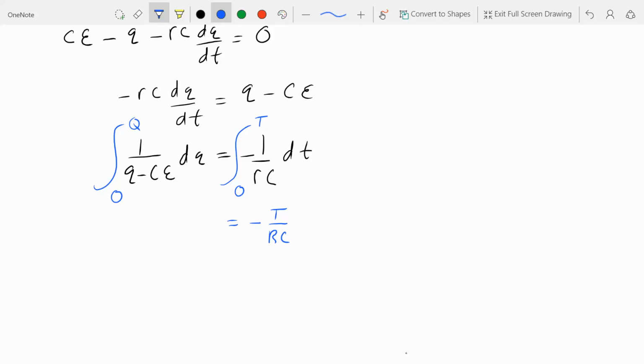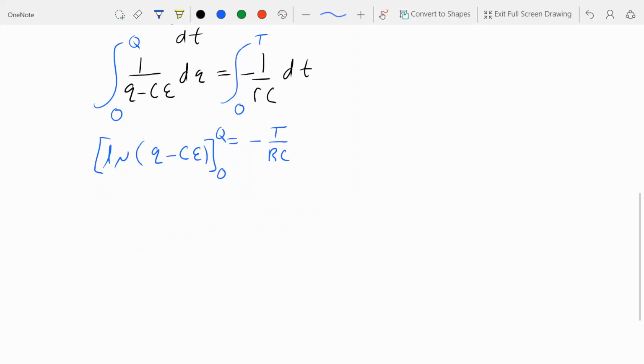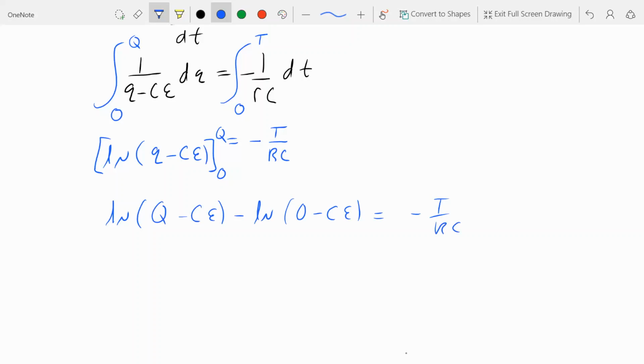So here what we're going to do is take the ln of (Q minus CE), and we're going to evaluate that from 0 to capital Q. So as we keep going here, if I plug in capital Q, this becomes the ln of (capital Q minus CE) minus the ln of (0 minus CE) equals negative t over RC.